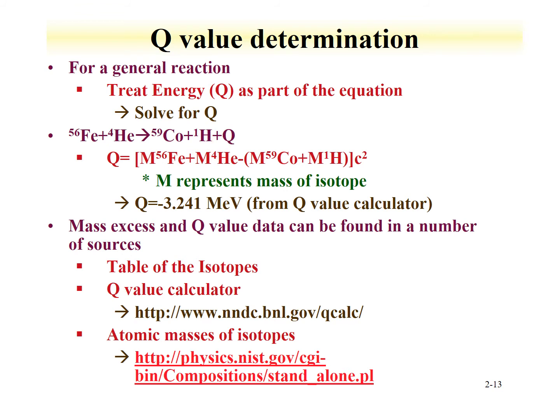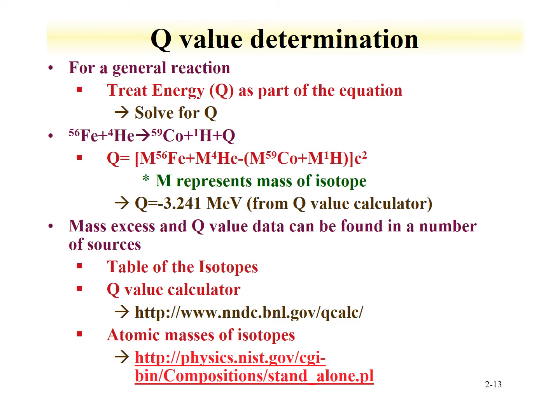What's the energetics of that reaction? Well, we can write the Q value. It's the mass of the products minus the mass of the reactants, times c squared, which makes it into energy. With the Q value calculator, which we'll talk about, I can enter this information and out comes a value.